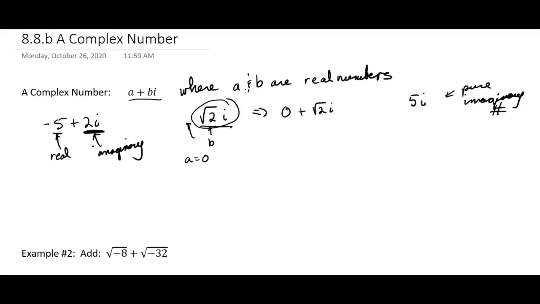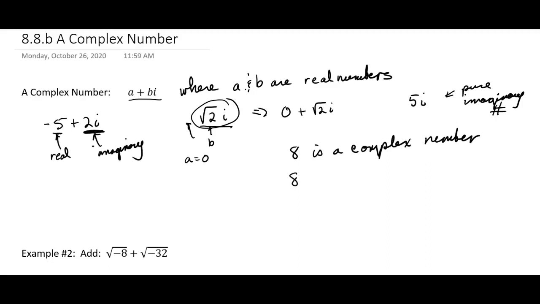Then this is what throws students sometimes. 8 is a complex number. You're saying, no, it's just an 8. It's a friendly number. It's an integer, but it's a real number, 8 is. It just doesn't have an imaginary part.